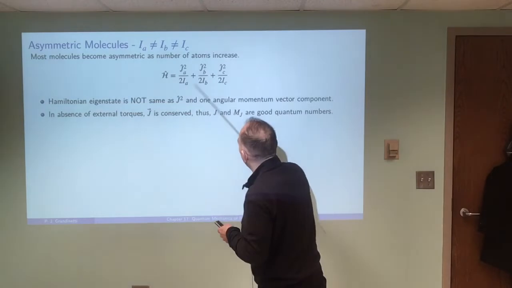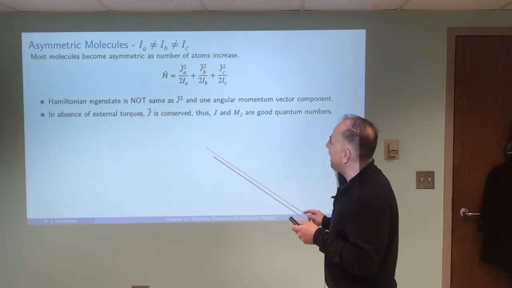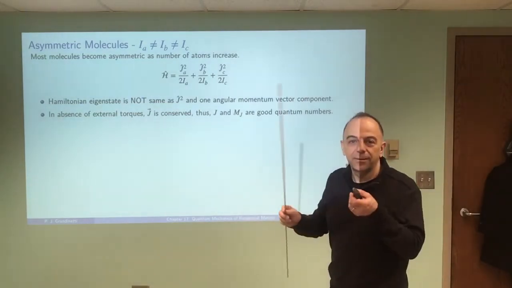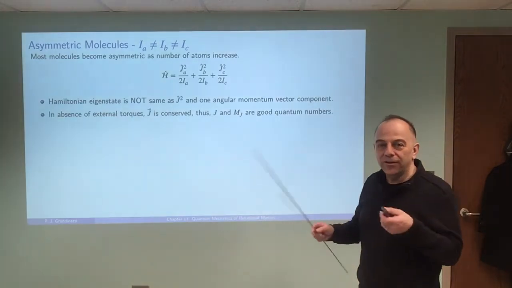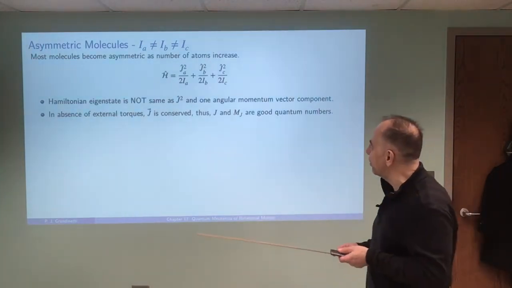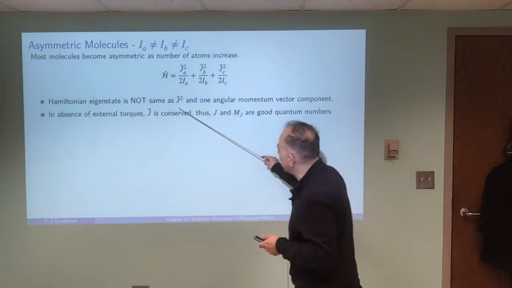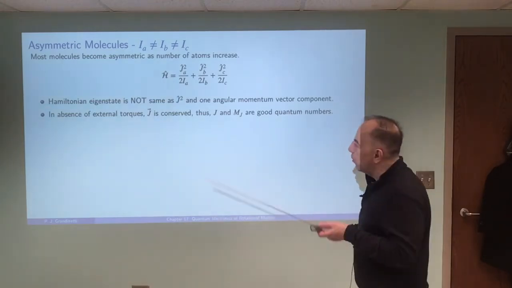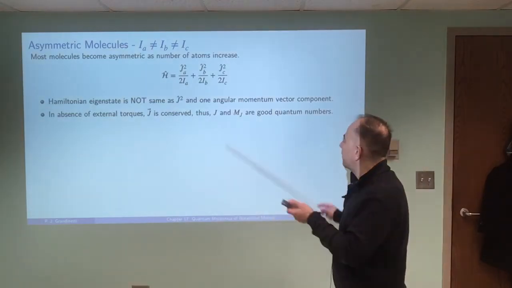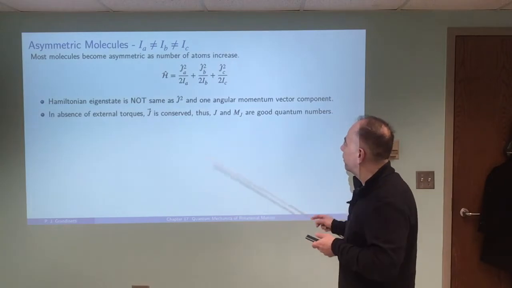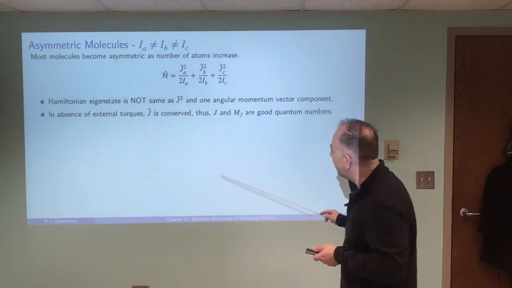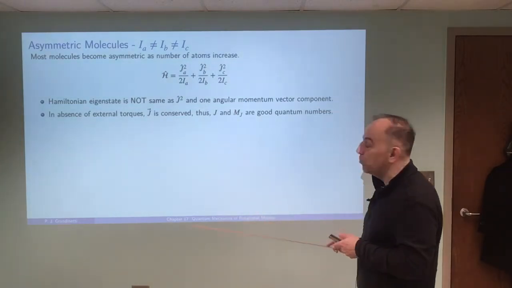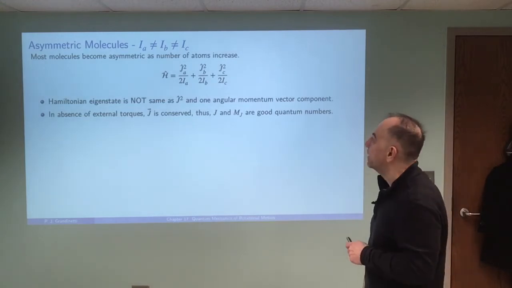So in this case, though, we do know that if there's no torque being applied to our molecule, angular momentum should be conserved, and so that means that the total J will be conserved in this case, regardless of whether it's asymmetric or not, and J and MJ will still be good quantum numbers.